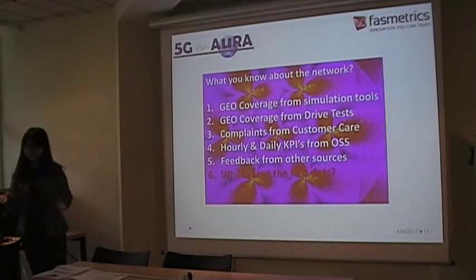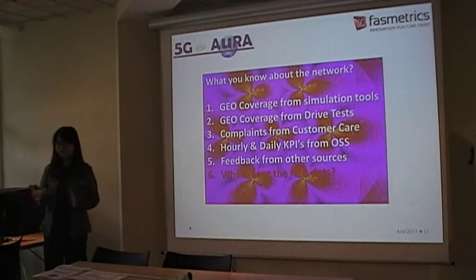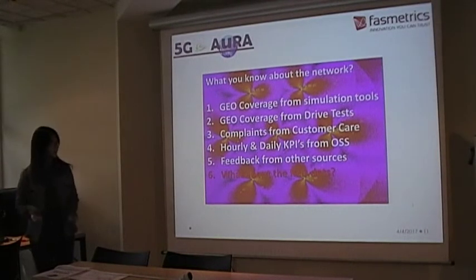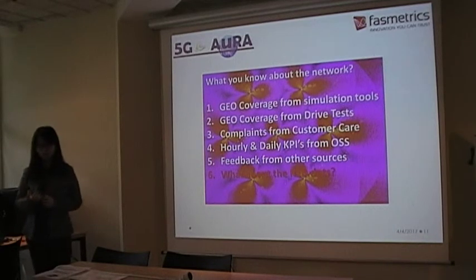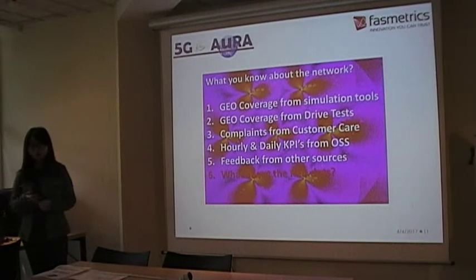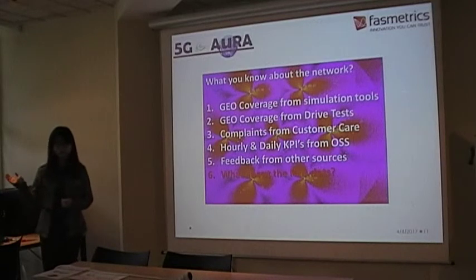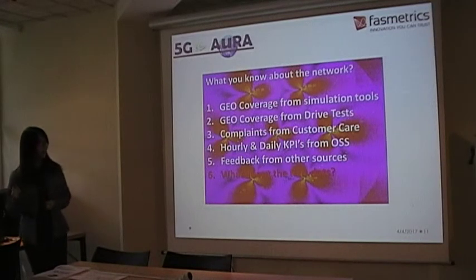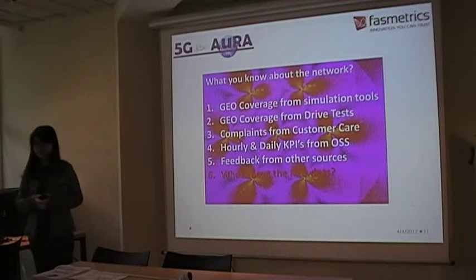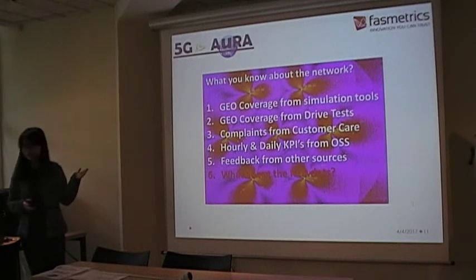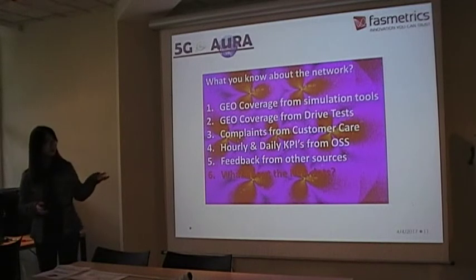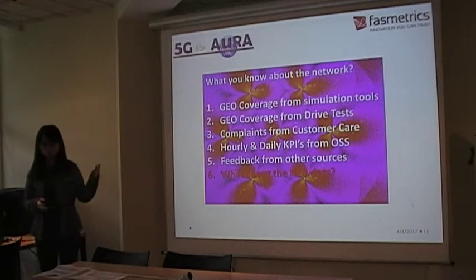But how can we implement this technology into the real network systems? Before doing this, we need to think about what kind of information we can get from the real network systems. And when we look at this problem, it is not difficult to find out that we can get the geographic coverage area from simulation tools or from drive tests.